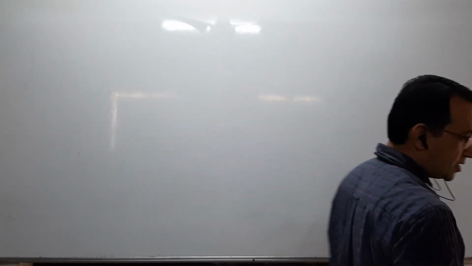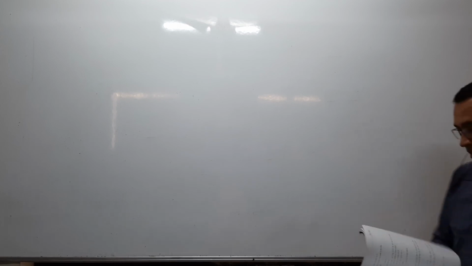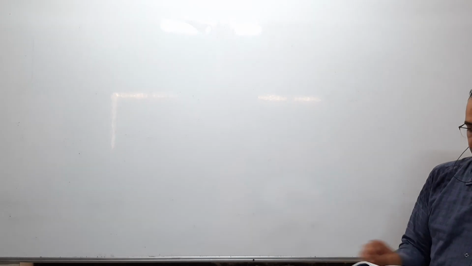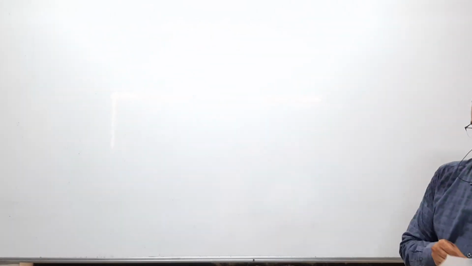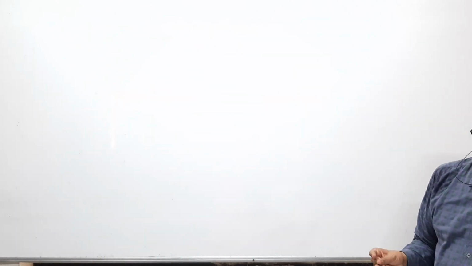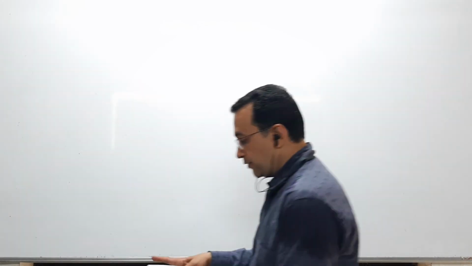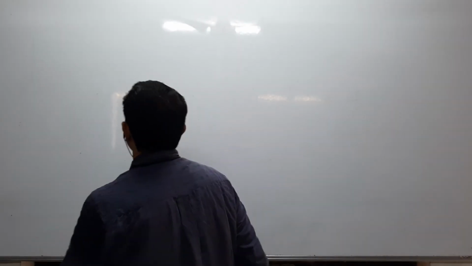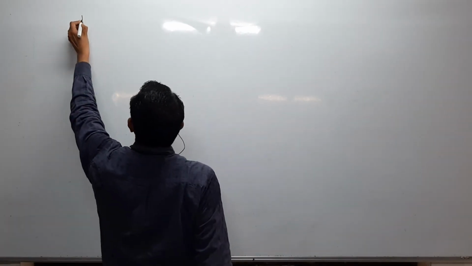So let us start with sum number 7 of exercise 15.2. Now students, concentrate. In questions 7 and 8, find mean and variance. No method is specified, so we will go by shortcut method.